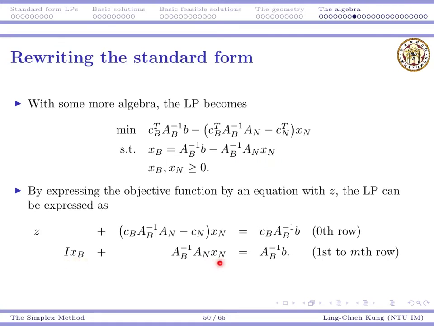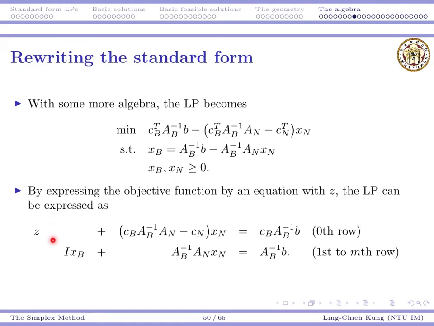Okay, here we can see what we want is to answer the following question. We want to know when one non-basic variable goes up from 0, what's going to happen in each constraint and in the objective row.